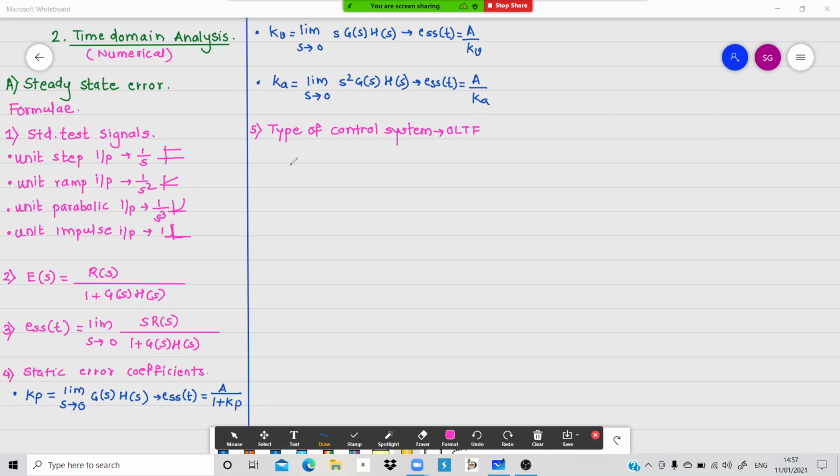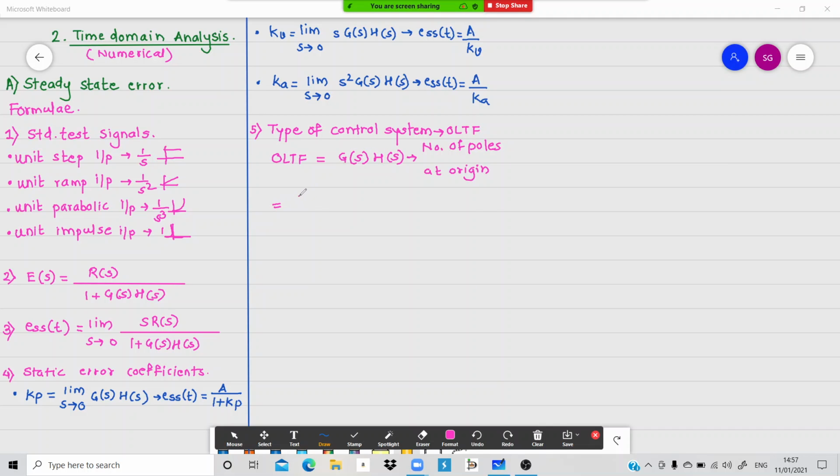Now OLTF is what? OLTF is G into H, whatever is the forward transfer function multiplied by the feedback transfer function. So in this, whatever number of poles are there at origin gives you the type of the system. Number of poles at origin. Now what does that mean?